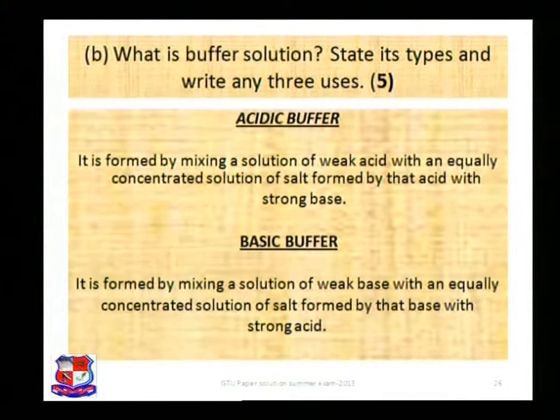Just opposite of this is basic buffer, formed by mixing of solution of weak base with an equally concentrated solution of salt formed by that base with strong acid. So these are the types of the buffers.